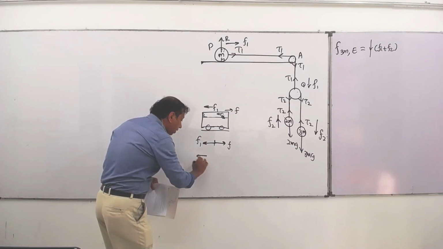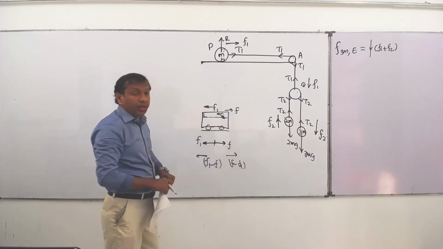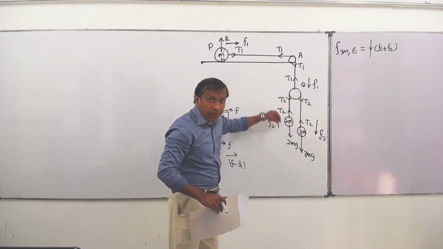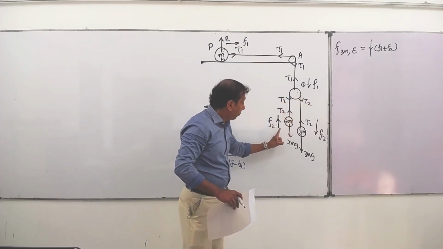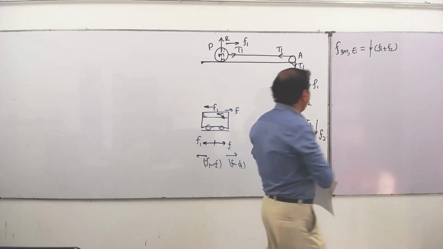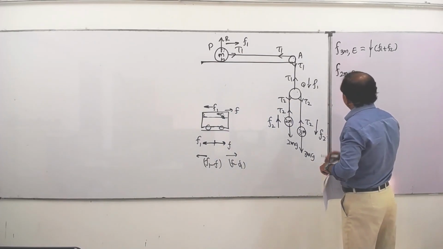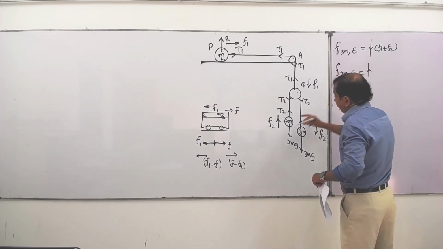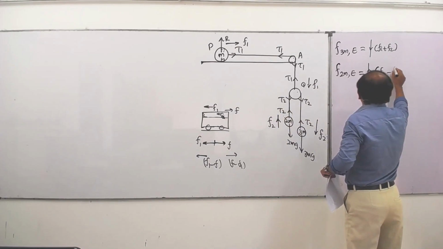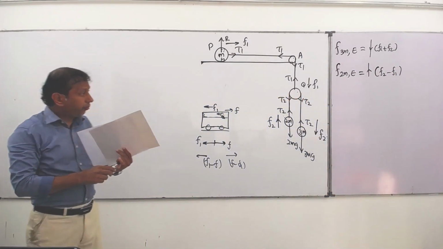If you take this direction, it is f1 minus f; the other direction, f minus f1. Like that here, Q brings this 2m downward with acceleration f1. Meantime this 2m goes with acceleration f2. So the acceleration of this 2m relative to earth, taking the upward direction, is f2 minus f1.